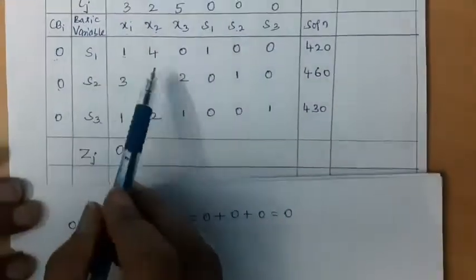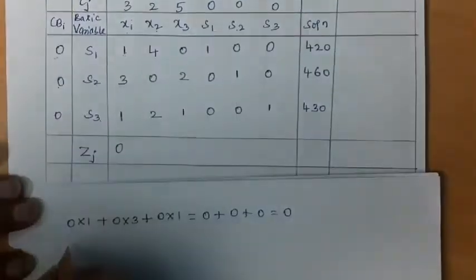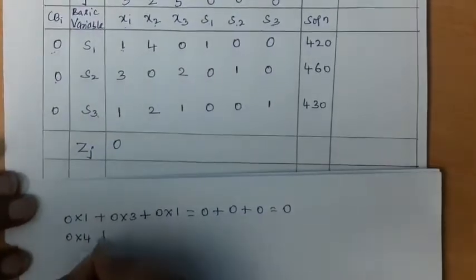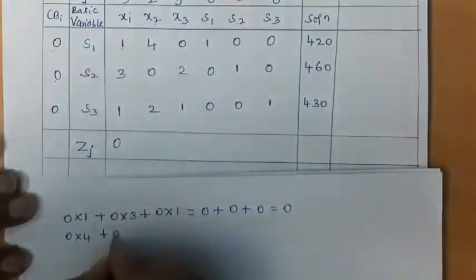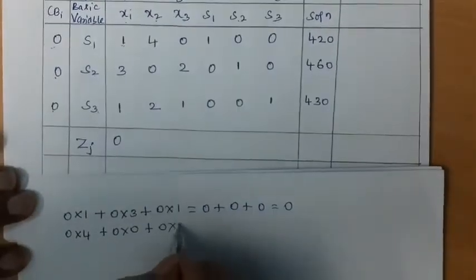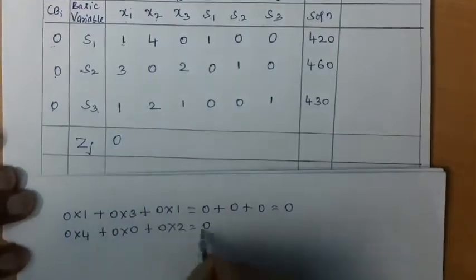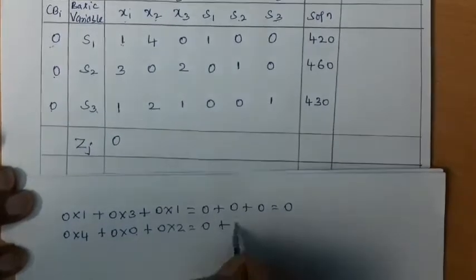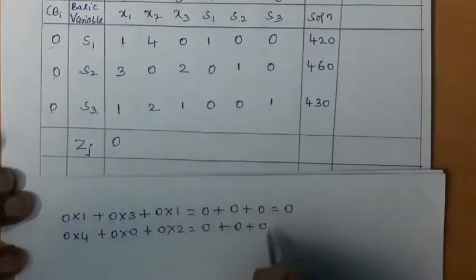Next, multiply with the second column. 0 into 4 plus 0 into 0 plus 0 into 2. So 0 into 4 is 0 plus 0 into 0 is 0 plus 0 into 2 is 0. So that is equal to 0.